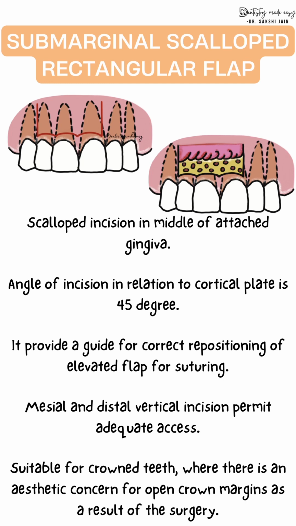The major advantage is that the marginal or the interdental gingiva are not included and it will not expose the crestal bone. The disadvantages are excessive bleeding, possibility of flap shrinkage, delayed healing and scar formation because of the vertically oriented blood vessels and the collagen fibers. And this flap is most suitable for crowned teeth where aesthetics is of utmost importance.